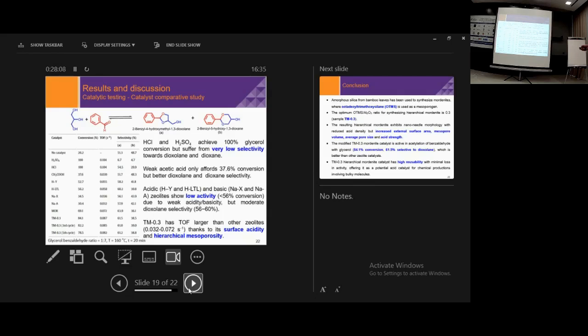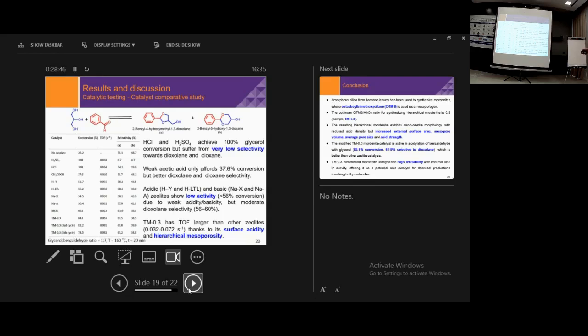On the other hand, for the protonated zeolite such as HY, HLTL, and basic zeolite such as NaX and NaA zeolite, the activity or the conversion is quite low compared to TM0.3. So this can be explained by their weaker acidity and basicity, but the dioxolate selectivity is almost the same as TM0.3.